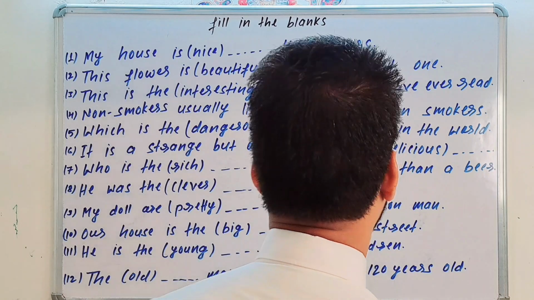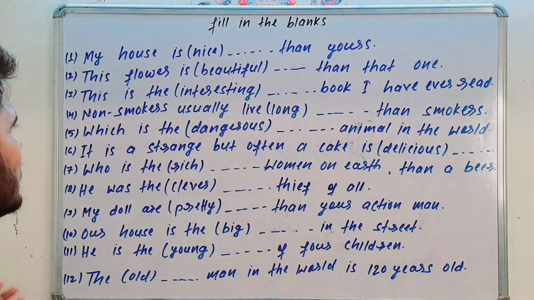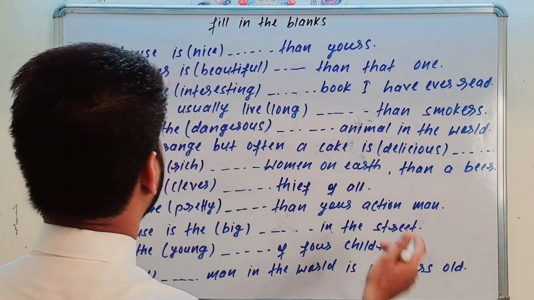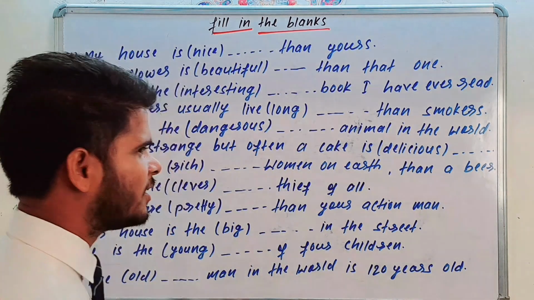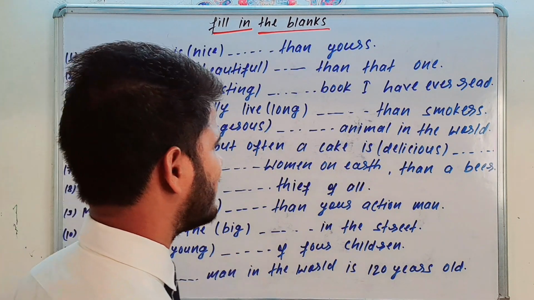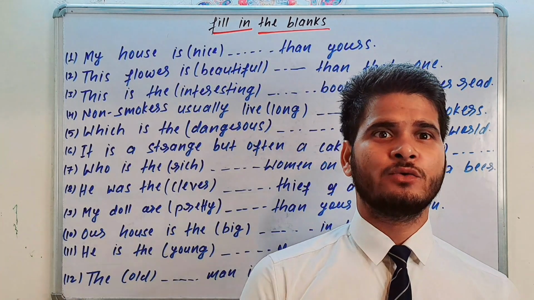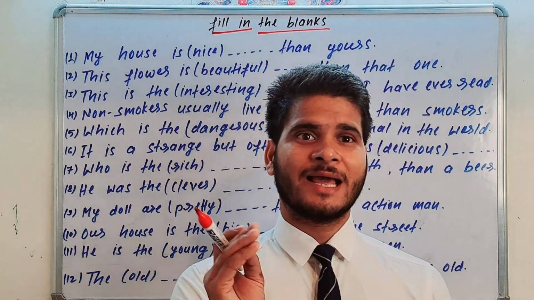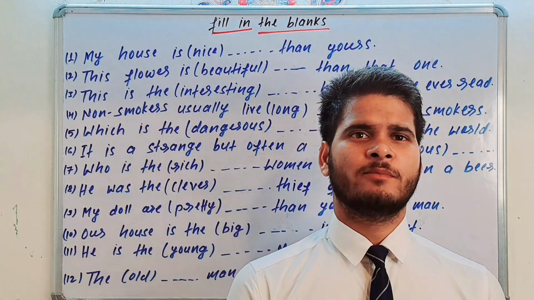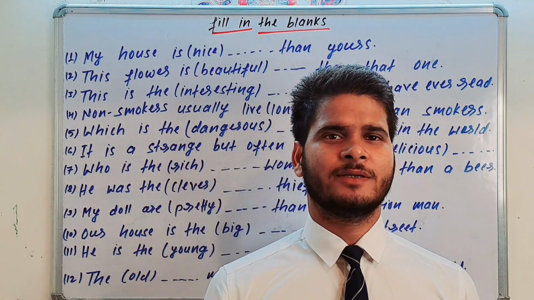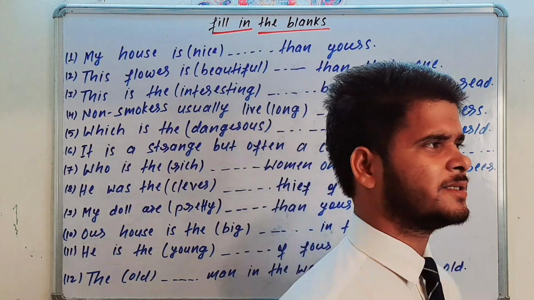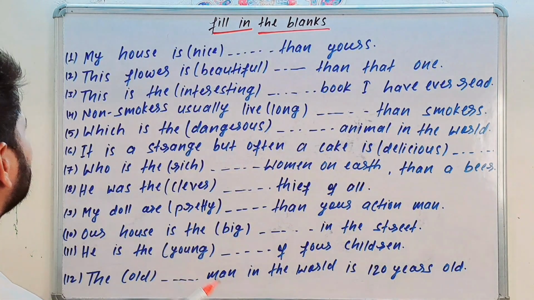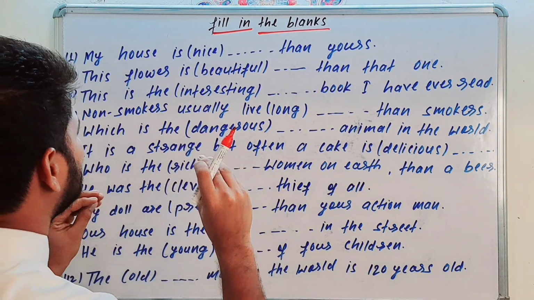Now let's come to the topic. As I told you, I have to solve some questions and these are fill in the blanks. I have given one option and you have to convert that option into the comparative or superlative degree according to the sentence. First sentence: my house is nice.